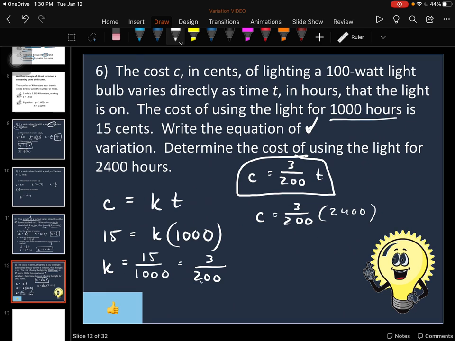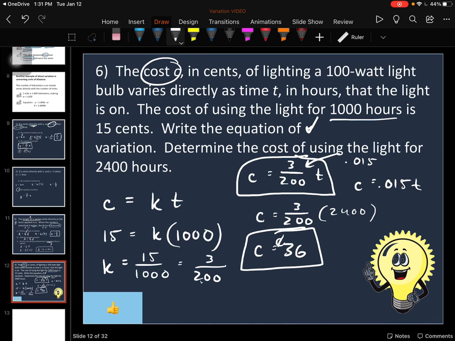So we'll multiply 3 over 200, which again, if you got this as a decimal, it's 0.015. So your other equation could have been c equals 0.015 t if you would like. Times 2,400, and you'll get c is equal to 36. And then make sure you have your units here. Cost is c in cents, so this is 36 cents. So to light a light bulb for 2,400 hours, it costs 36 cents.